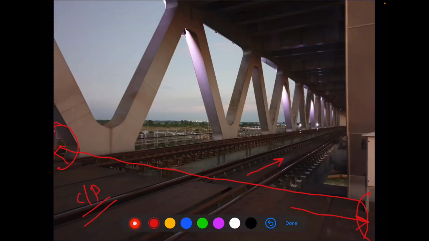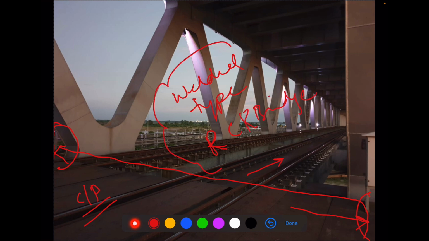So that was it for this welded type rail cum road bridge. Since we have studied the open web girders in detail with all the components, even though this rail cum road bridge was new, you have been able to analyze it and identify the key structural components of the bridge.